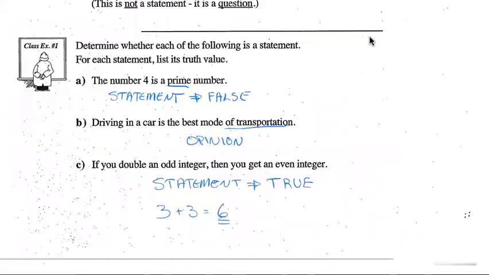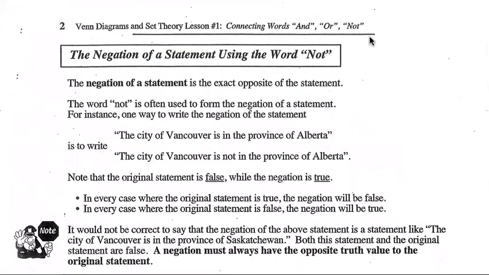Okay, over the page. The negation of a statement is the exact opposite of the statement. So this is using not. The word not is often used to form the negation of a statement. So for instance, one way to write the negation of the statement, the city of Vancouver is in the province of Alberta, is to write, the city of Vancouver is not in the province of Alberta.